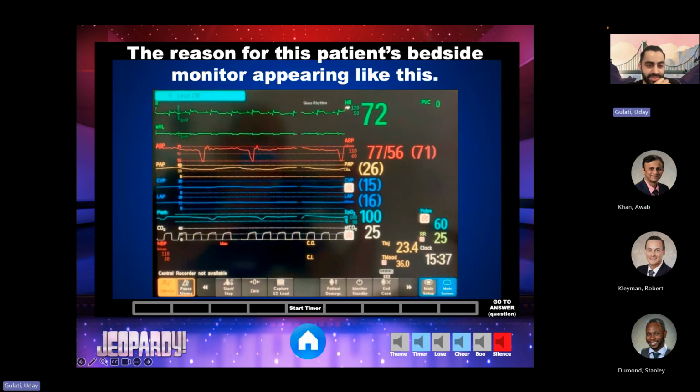I'm assuming by what Jared just said, he figured out the answer. Is it tamponade? No, if it was tamponade, you'd have equalization, but you'd still see some A-line stuff.